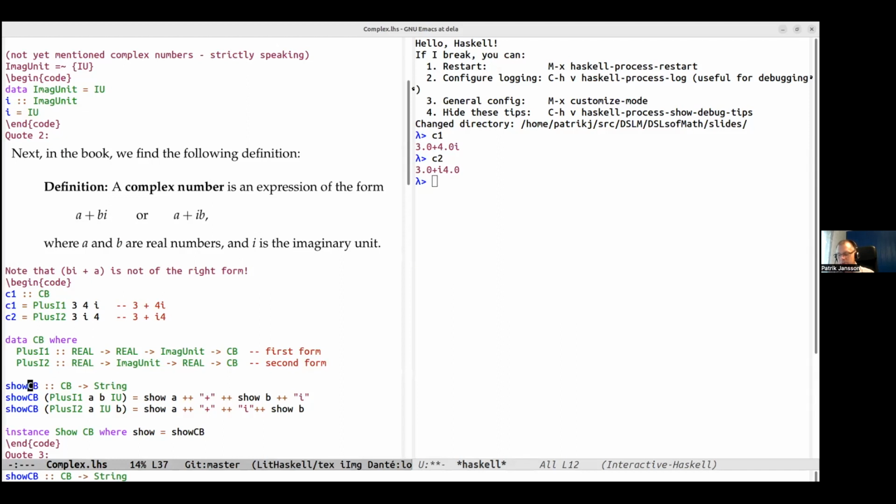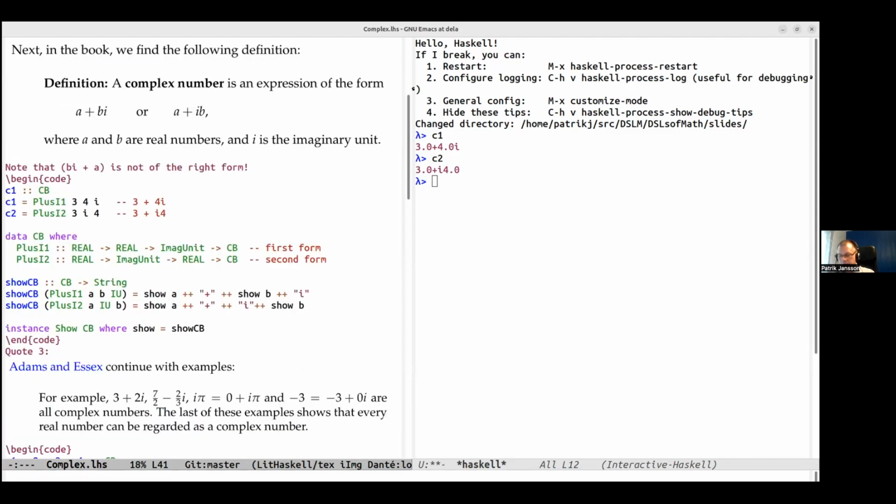So show CB is a function that takes a CB value, which has either this or that form, and then produces a text representation, a text string. It shows the value A, a plus sign, shows B, and the i character, and so on. And then it tells Haskell that anytime you want to show a value of this type, use this function show CB.